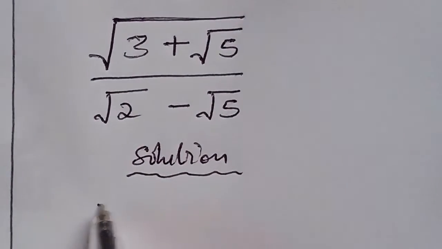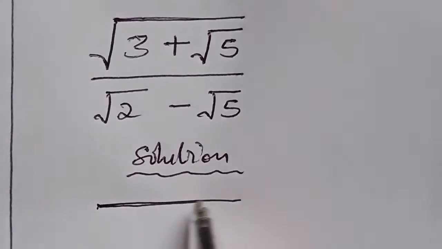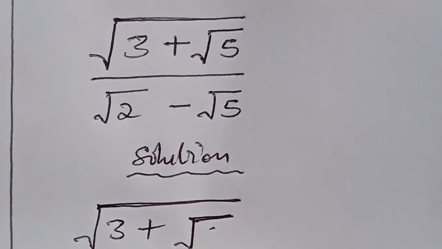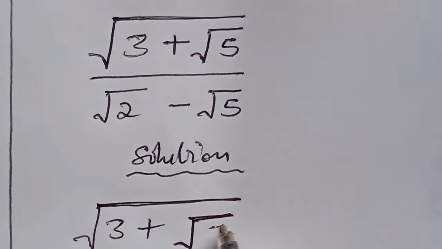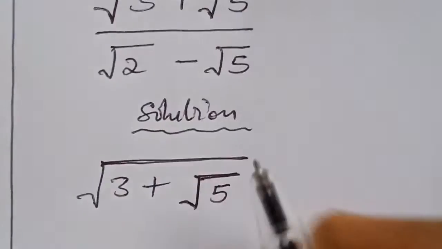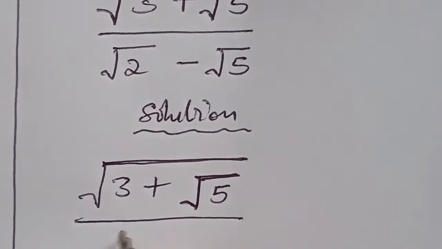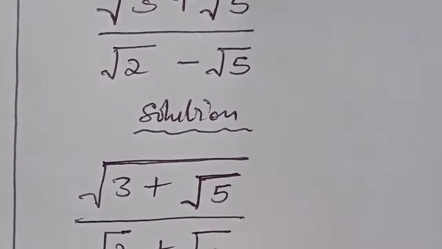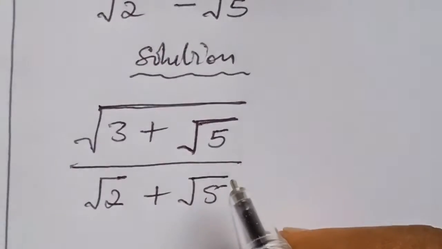The question implies square root of 3 with another square root inside it, all over square root of 2 plus square root of 5.